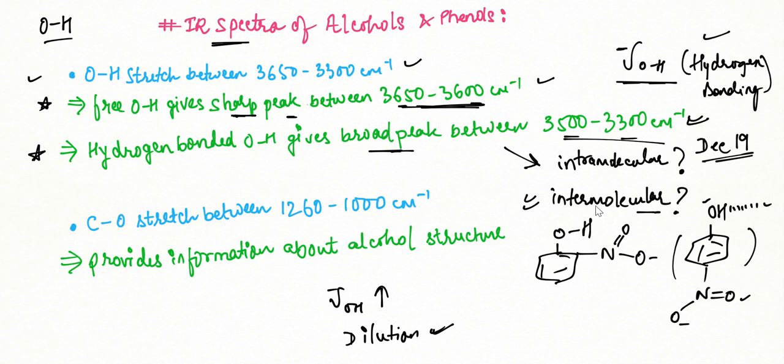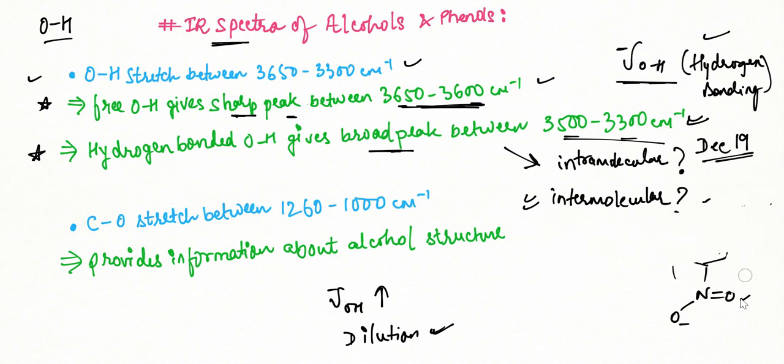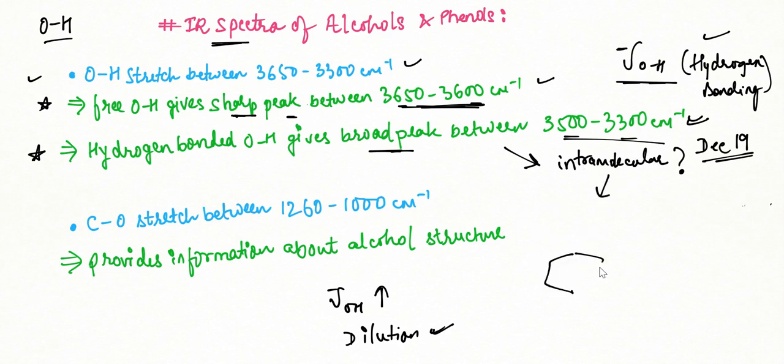So there was a CSIR question on this concept. Why is that not going to happen in the case of intramolecular hydrogen bonding? Because it does not care about dilution.